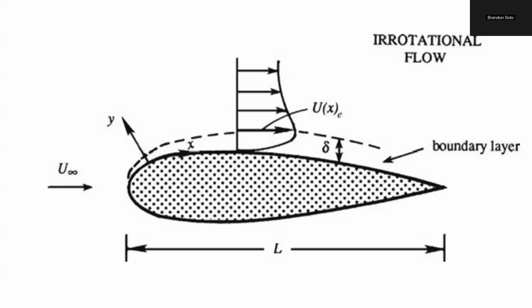Let's do the same here. By the way, we can say that this is of order, with O and parentheses, U squared over L. From that, we can look at the viscous stress term. What are the rough dimensions?